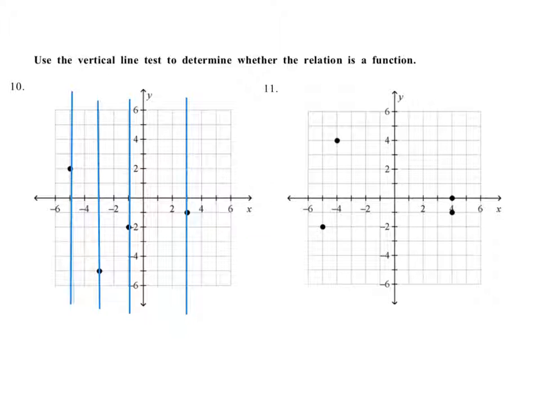And since there's no more than one point going through any one vertical line, that means that it passes the vertical line test. It does not violate what it would mean to be a function. So for this one, we can say yes, function.